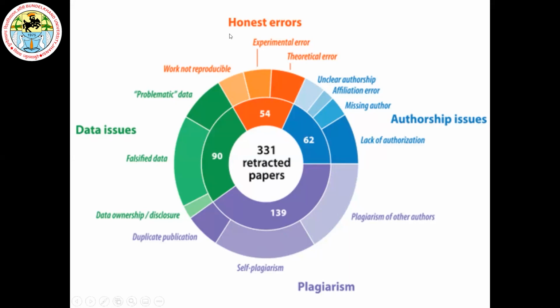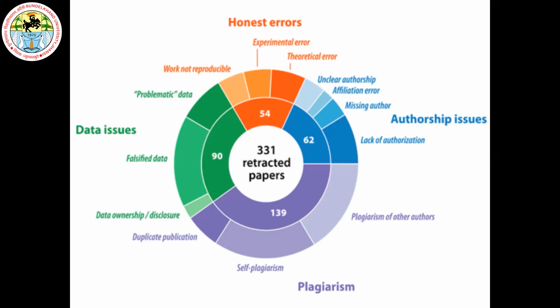And then what I was telling, the errors, what we call honest error. That belongs to 54 out of 331. 54 were due to errors in their publication, which may be experimental error, theoretical error, or data not reproducible.